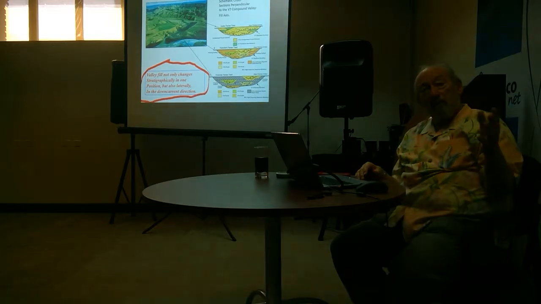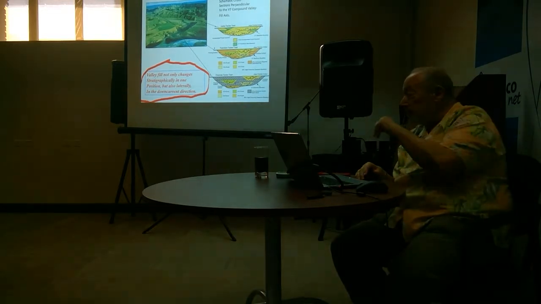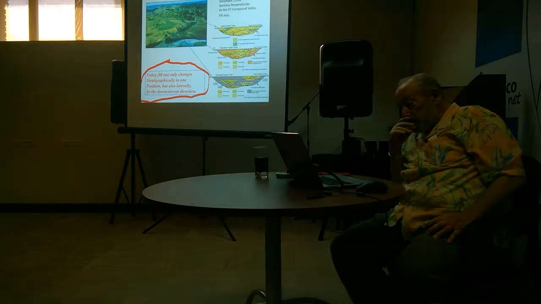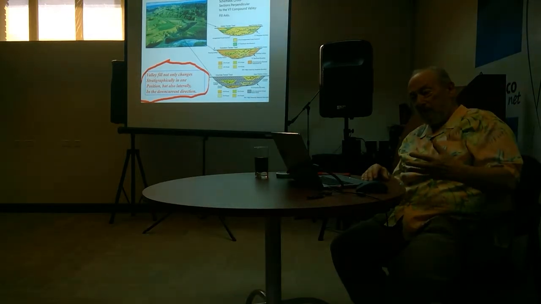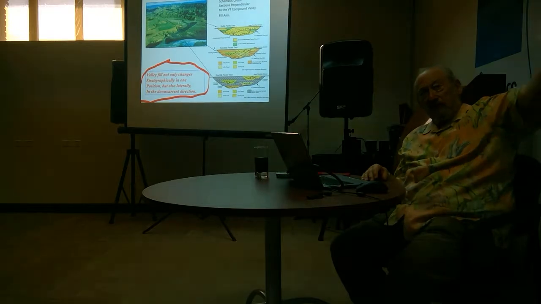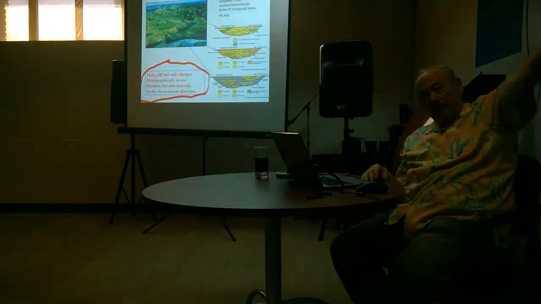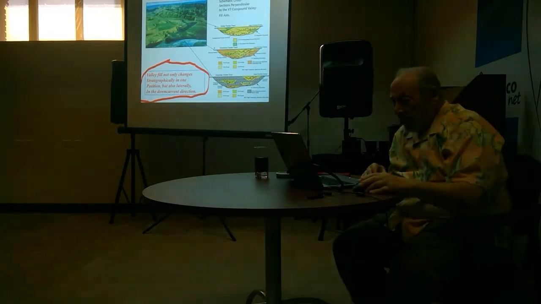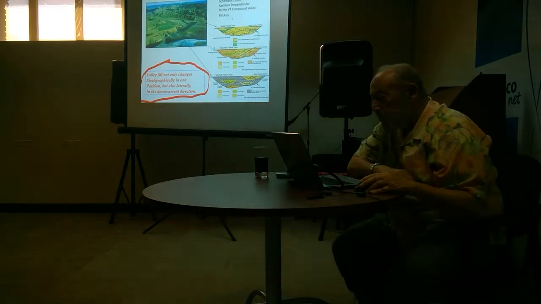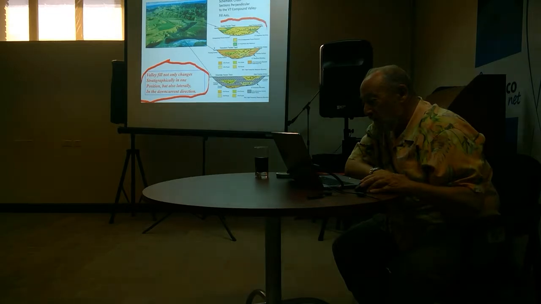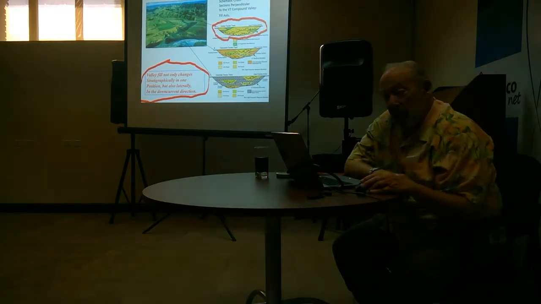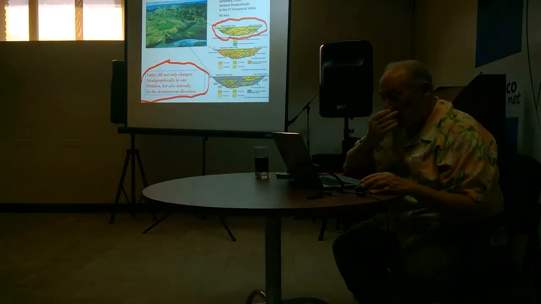Now, the important point I wanted to make with this diagram is that even though you get that vertical stratigraphy, you also get a change laterally as you go from up dip to down dip. This is just a cartoon that illustrates you have a very nice sandy up dip area, nice incised valley filled sands.